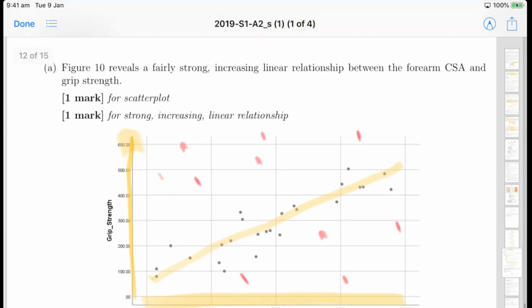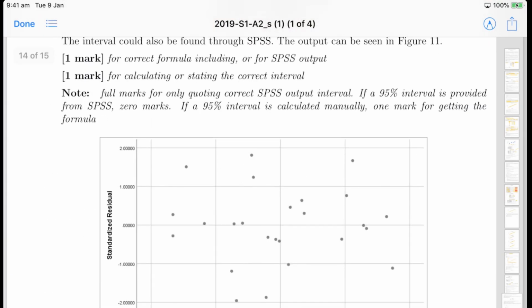If you do that, you will see such a graph. You can generate this graph in SPSS. All right, let's see what we have in here. We can see that in this graph we have no pattern, right? They're all scattered around. Because they're scattered around, we say that there is no pattern, and we can say that they have constant variance.